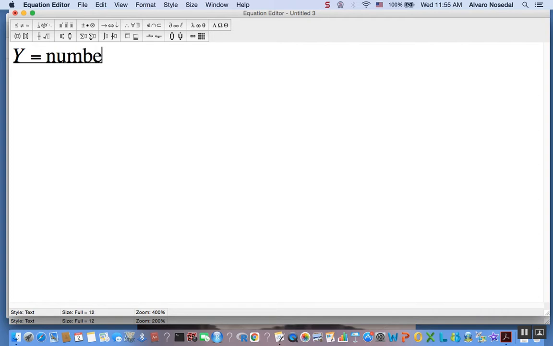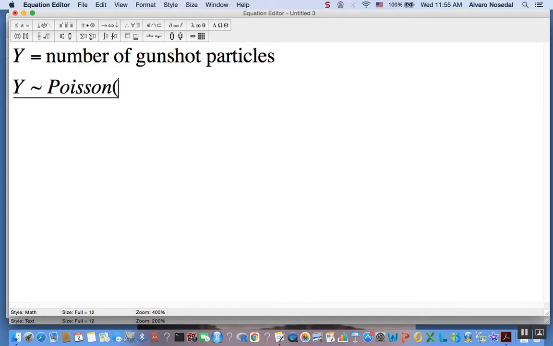So let Y represent the number of gunshot residue particles. What we know about Y is that it has a Poisson distribution with parameter mu.